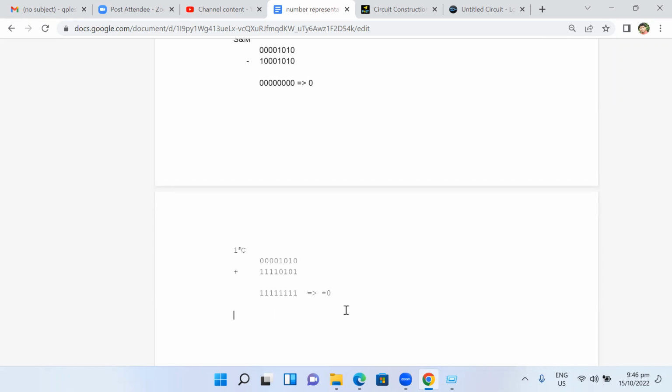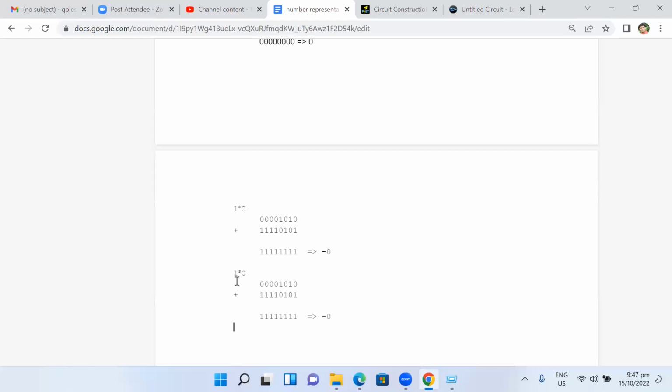Third one. Let's do the third one quickly. 2's complement. So this is 1 0.